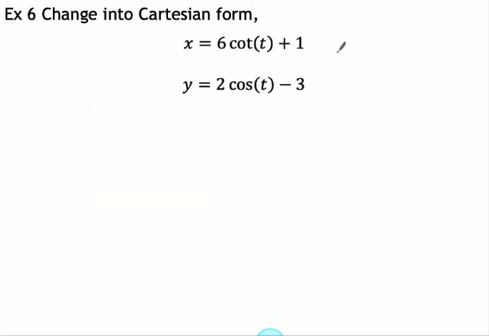Okay, what about this time? So let's make the trig function the subject and the trig function the subject. Okay, is there a relationship between cot and cosine? Well, let's write down our identities again.